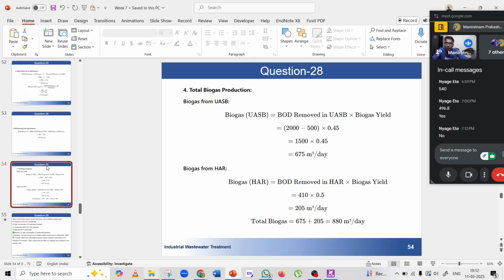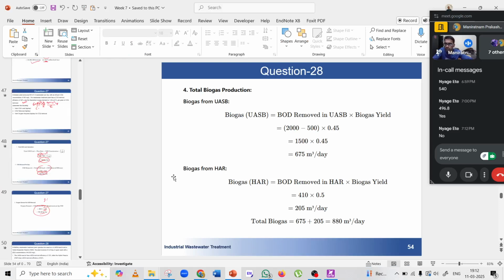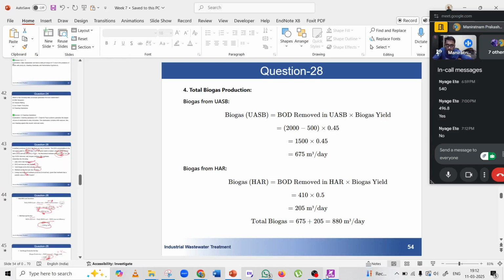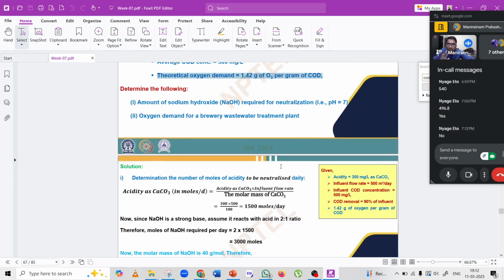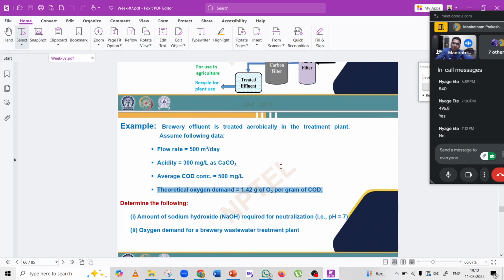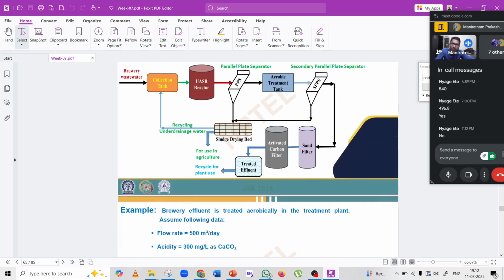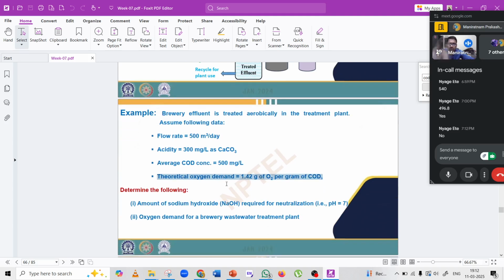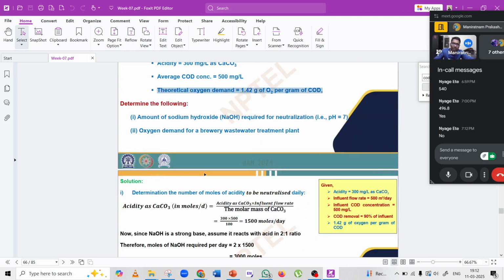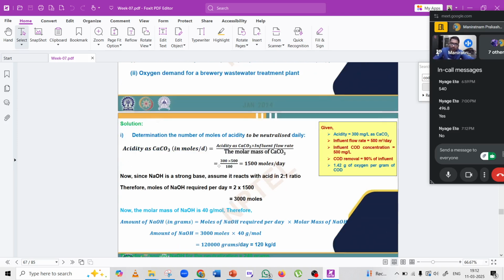I hope you have all understood these numerical questions. There are a lot of numerical questions here, all related to this only. You can see the ones we have solved, these are some of the examples. Here you can see this much is acidity, and average COD is there. Then everywhere they have asked, you will see that they have multiplied it.